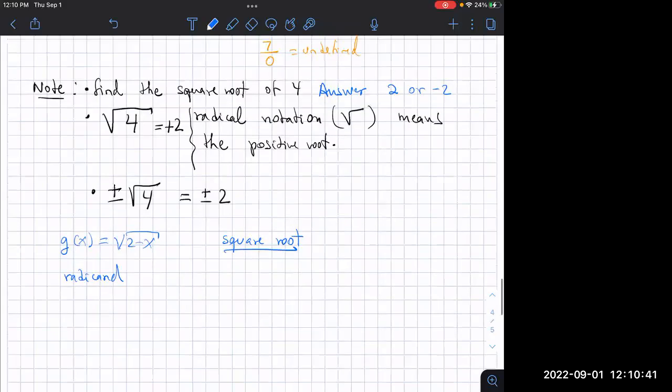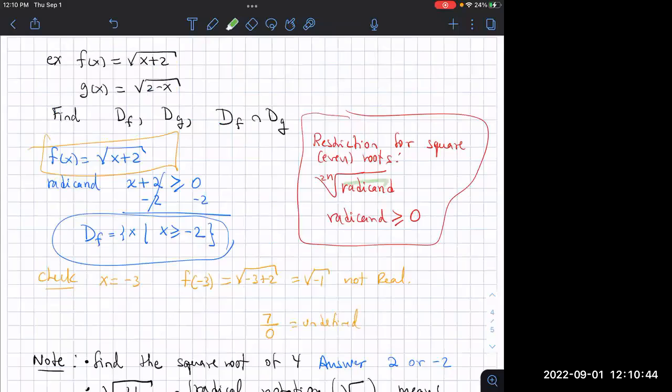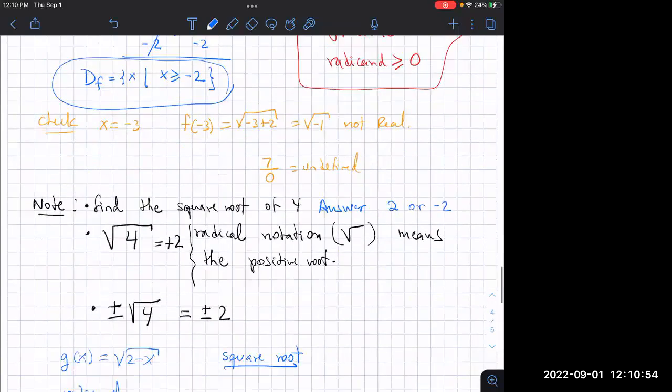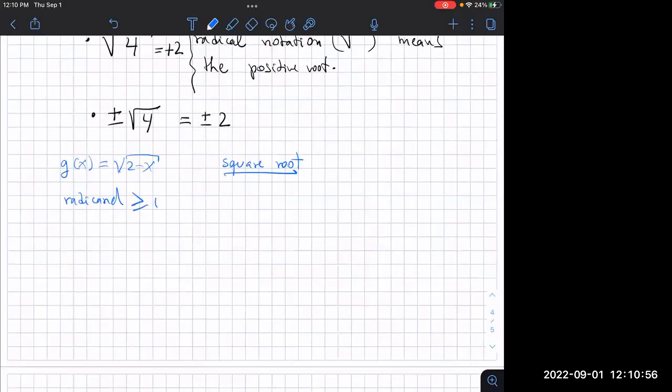You look at the radicand, the expression inside the root, and that has to be greater than or equal to 0. So 2 minus x must be greater than or equal to 0.